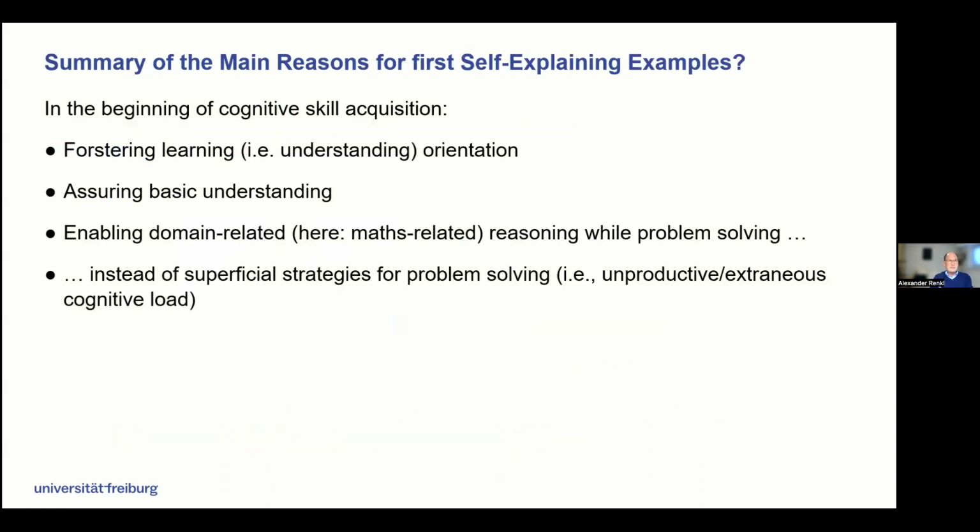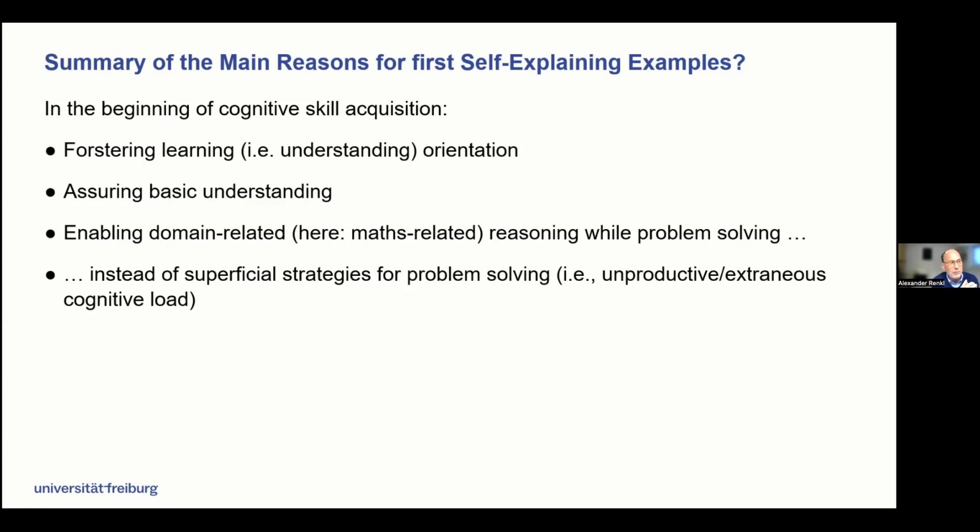So, a summary of the main reasons for first self-explaining examples before problem solving: it fosters a learning orientation instead of a performance orientation, so that the learner should mainly be concerned about understanding this material and not so much about finding the right numerical solution to a problem, and then everything is fine.